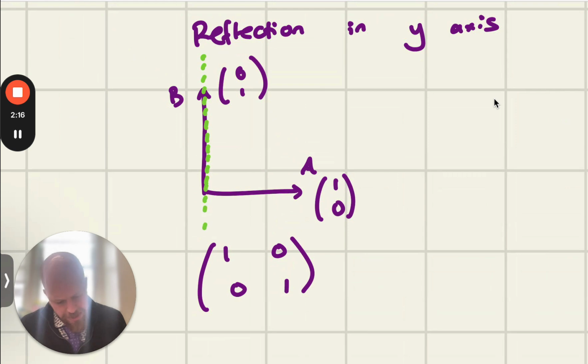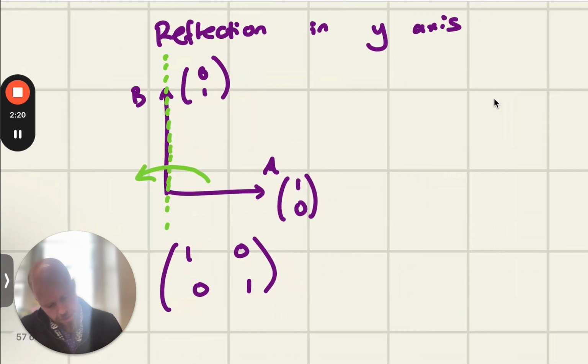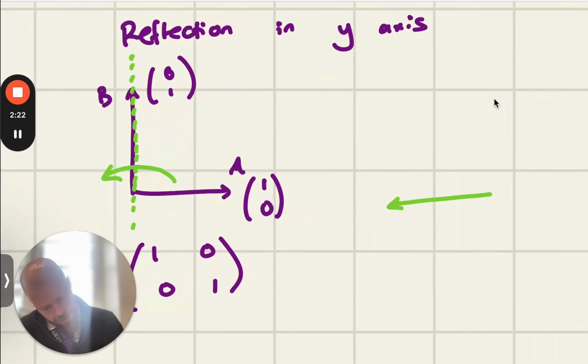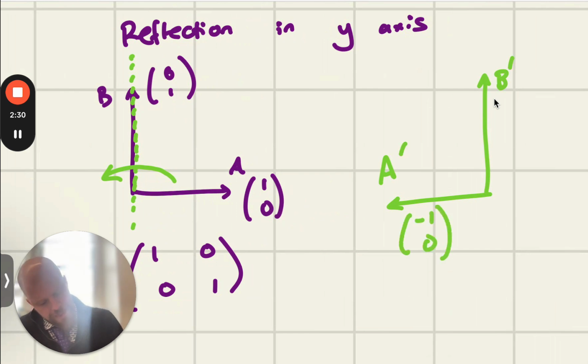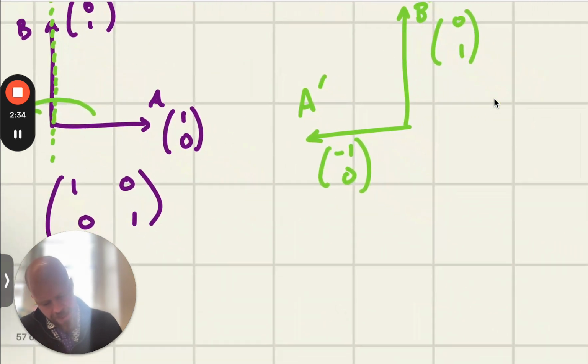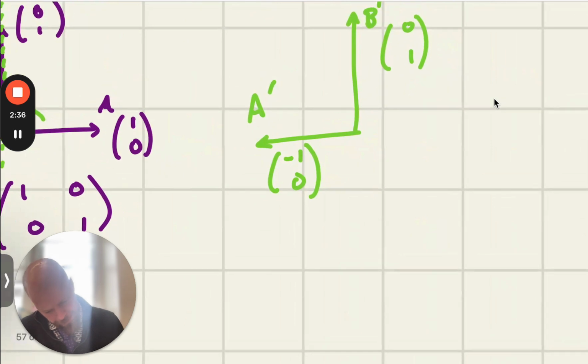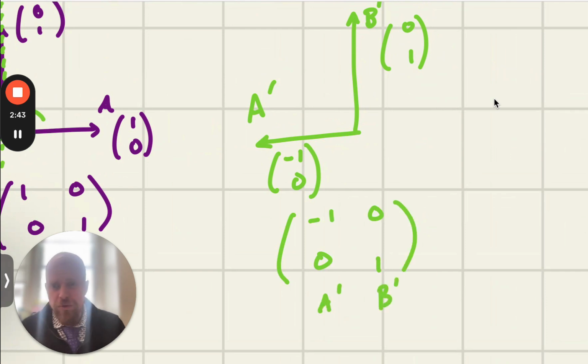And so A would move across, B would stay the same. So my new vectors: A dashed is there, B dashed is there. A dashed is the vector (-1, 0). B dashed is the vector (0, 1). And therefore my new matrix is (-1, 0, 0, 1), which is A dashed and B dashed. That represents a reflection in the y-axis.